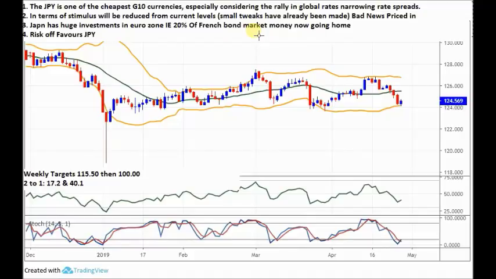They've got investments in other European bond markets, equities. Now things are deteriorating in the zone. Money's going back to Japan. Obviously, it has to be converted from euros to yen. That'll keep the yen fairly stable. It's not a big amount that's gone home yet, but more will follow, okay?